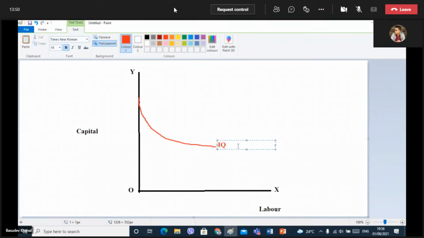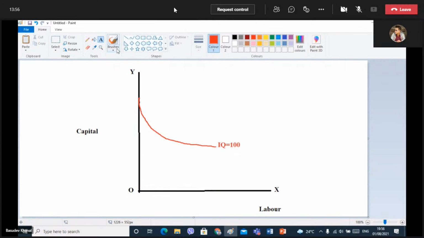It represents, let's say, 100 units of output. Another isoquant can be drawn by touching the x-axis like this.